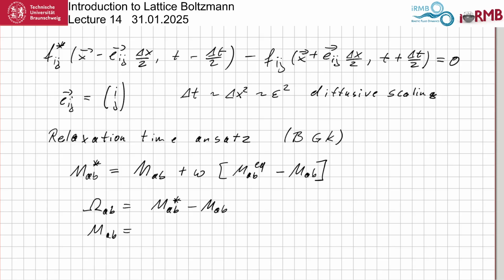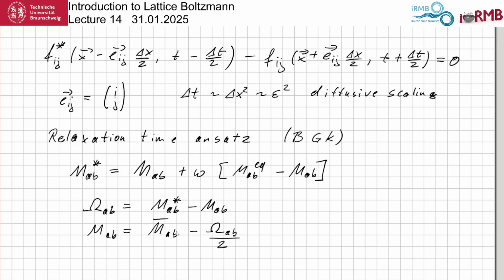So we have this M_AB. M_AB can now be restated as M_AB over bar minus omega_AB divided by 2. So what is the meaning of this?